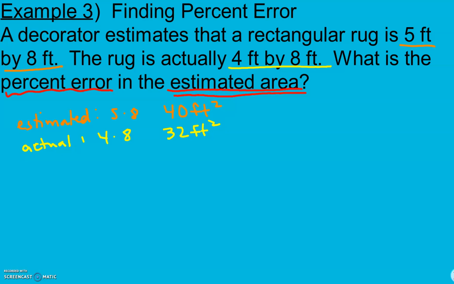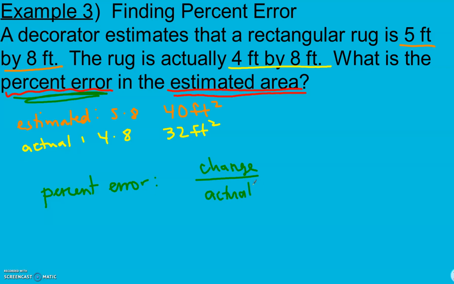So to find our percent error here, we find our change, divided by our actual, which again is like our original. This rug was originally 4 feet by 8 feet before the decorator decided that maybe it was 5 by 8. So the actual is our original as well. Our change then, I always want to take bigger minus smaller, so 40 minus 32.